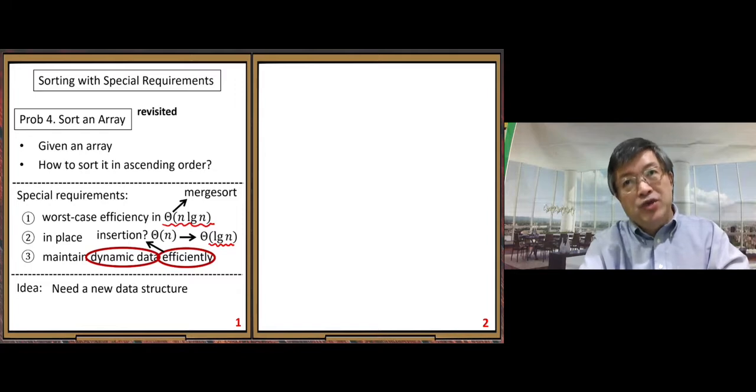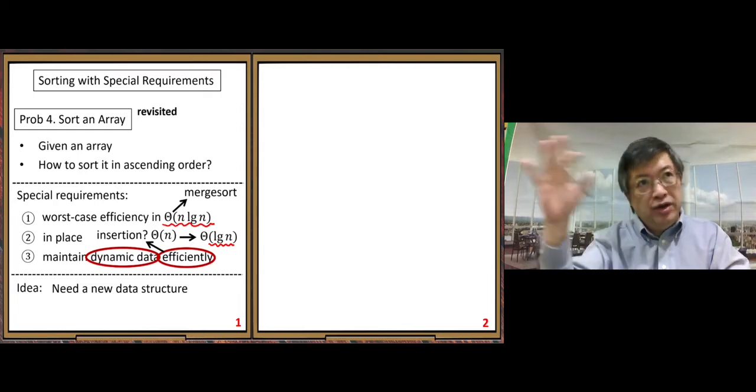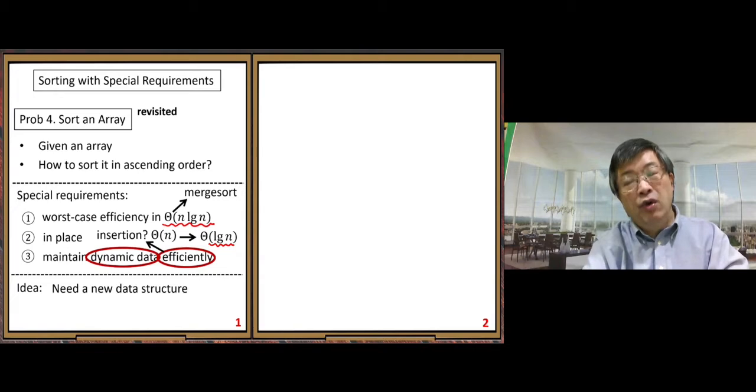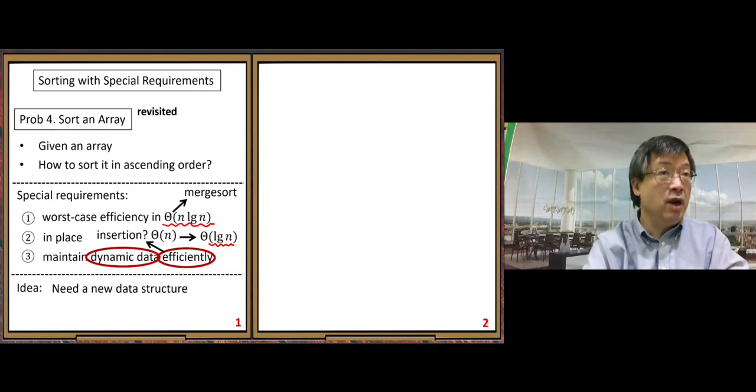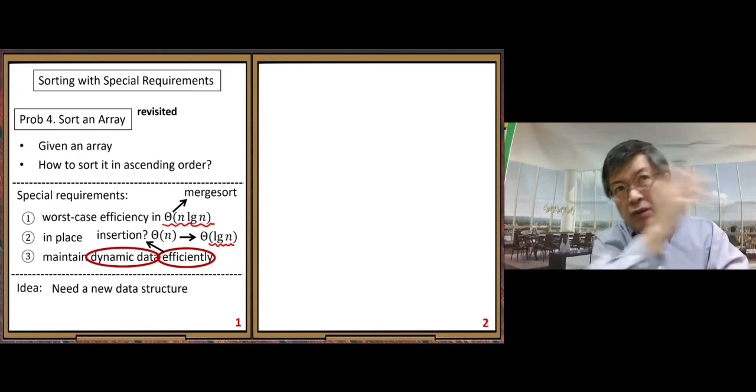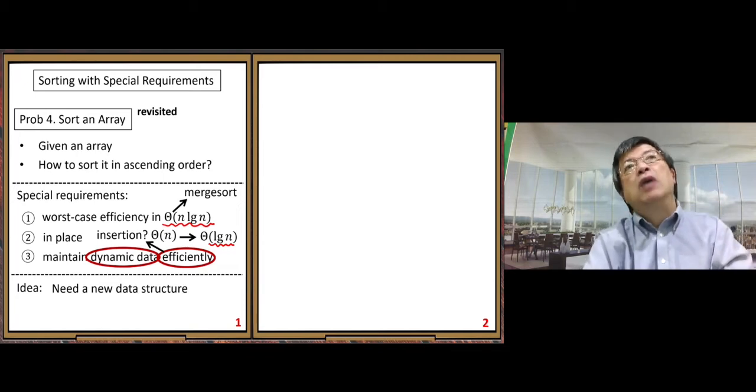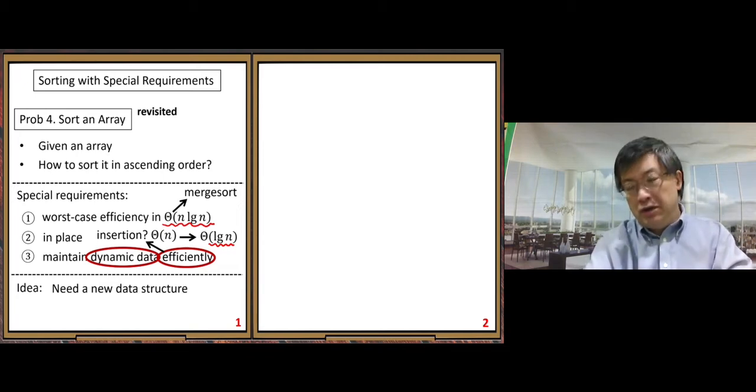So by the experience we have so far, in the formulas we developed before, many of them contain the log function, right? So think about how do we get that log function?